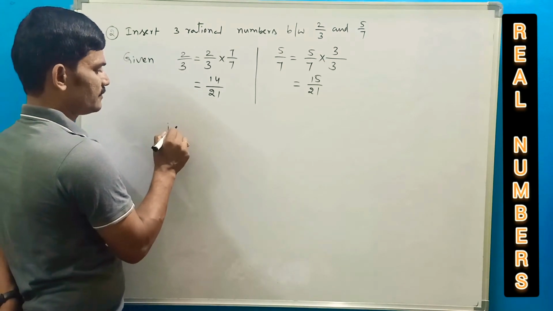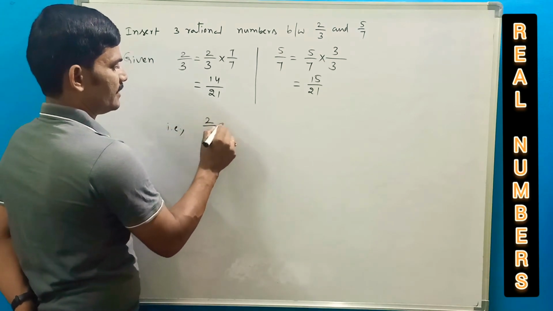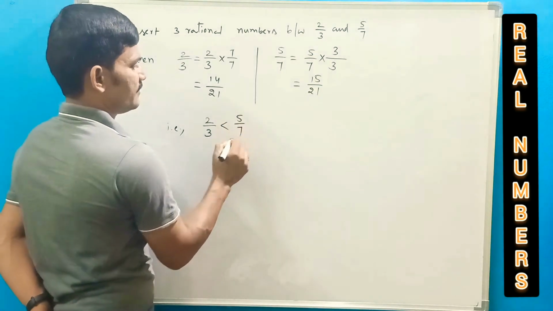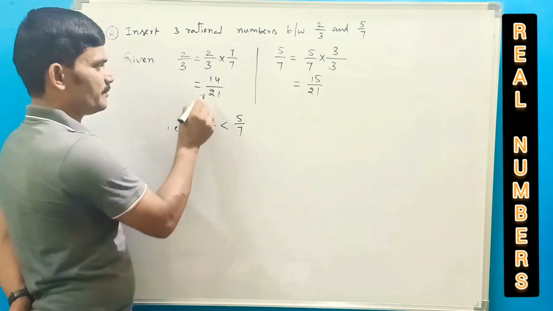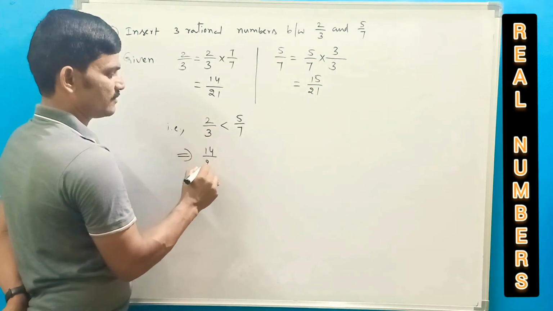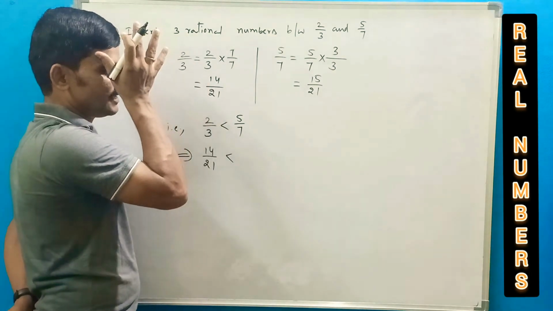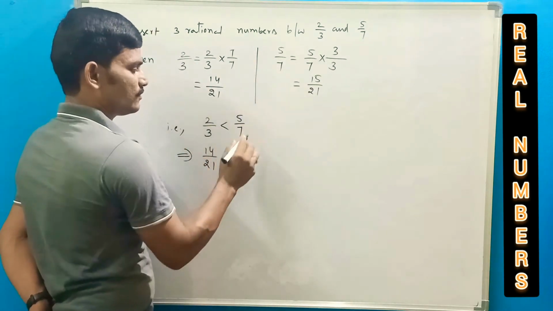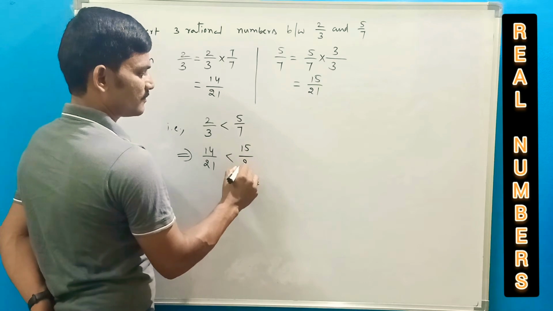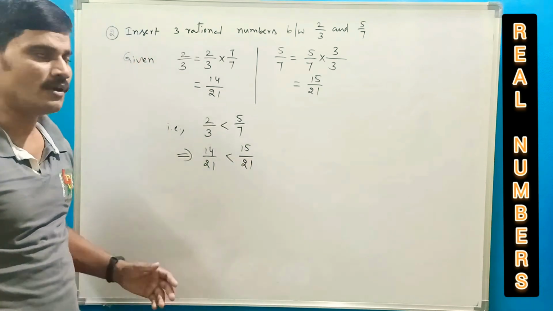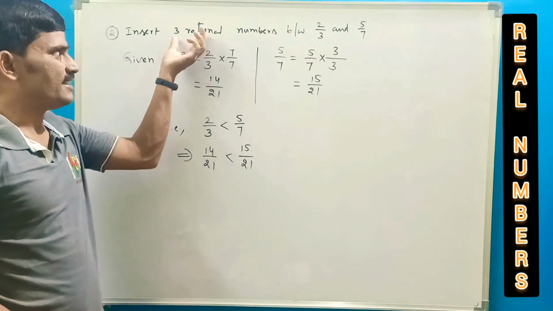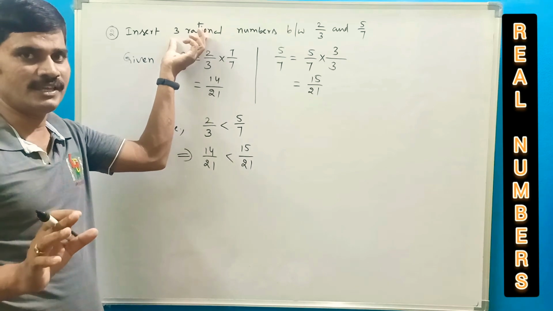So that is 2 by 3 is less than 5 by 7, which implies 2 by 3 means 14 by 21. Similarly, 5 by 7 is equivalent to 15 by 21. Now, how many rational numbers you want to insert? 3.